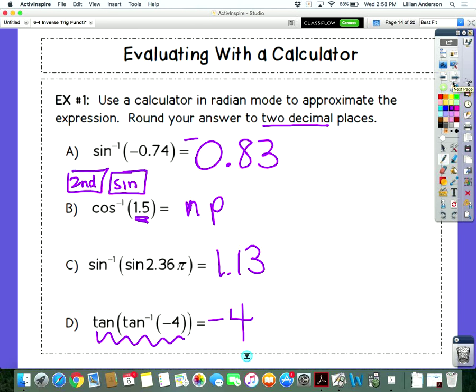However, you gotta do a little bit of manipulation. And you're like, what? You see what I did here? I just broke it down, right? So I could rewrite 2.36 pi as 2 pi plus 0.36 pi. What is the sine of 2 pi?